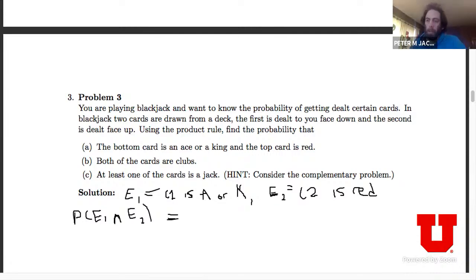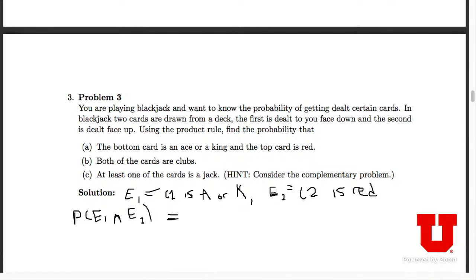Yes, there are 4 aces and 4 kings in the deck. So that will be finding the probability of an ace, times 2 because there are the same number of kings, and then times the probability of the top card being red.